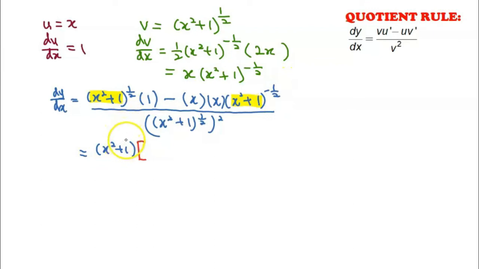So we will factorize out as minimum as we can, which is power negative 1 over 2. Therefore, x squared plus 1 to the power of half factorizes out power negative 1 over 2. The remaining factor is x squared plus 1 to the power of 1.